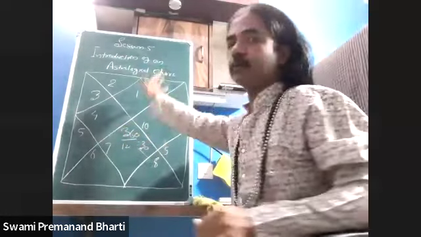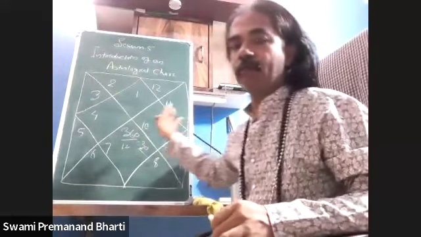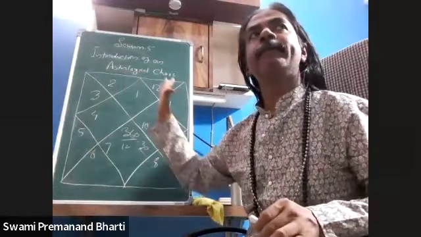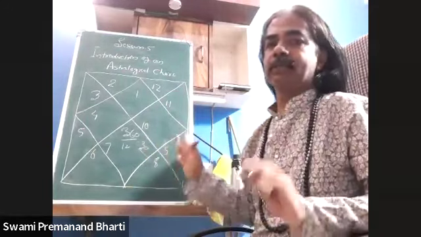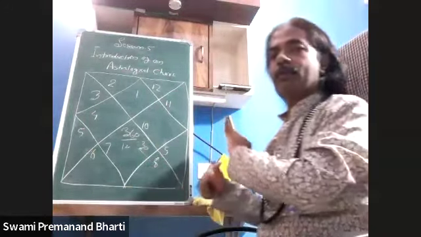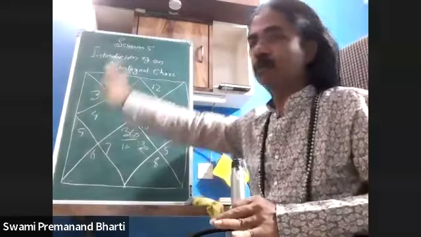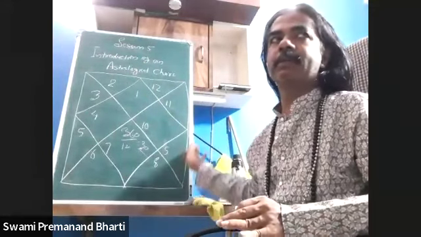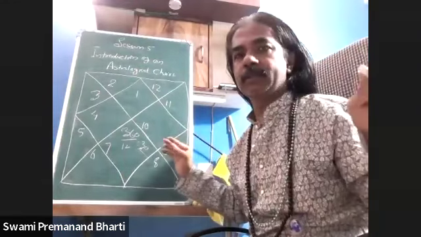So every house is 30 degrees long in the Vedic astrological system. Every house, every zodiac sign is 30 degrees long. 30 into 12 is 360. All the 12 houses combined together make the whole of the sky.